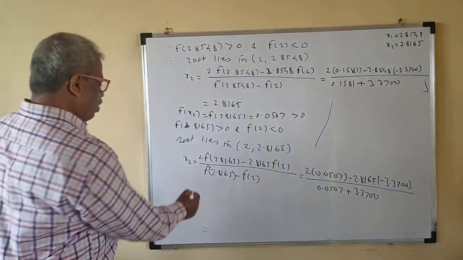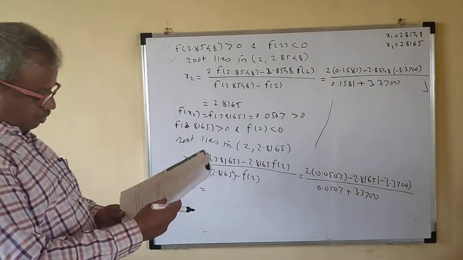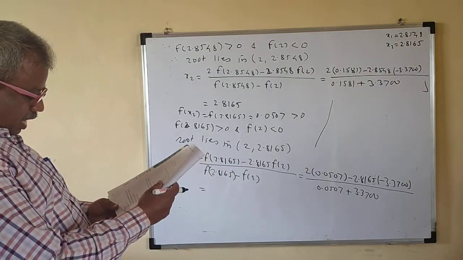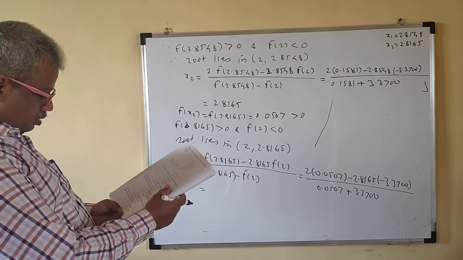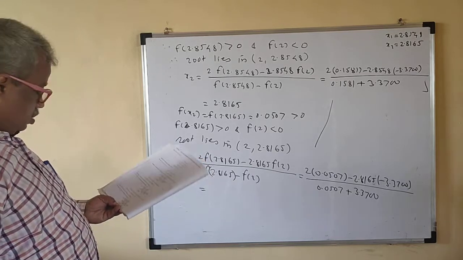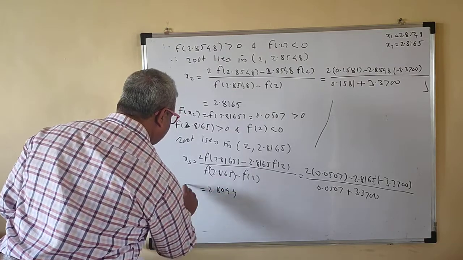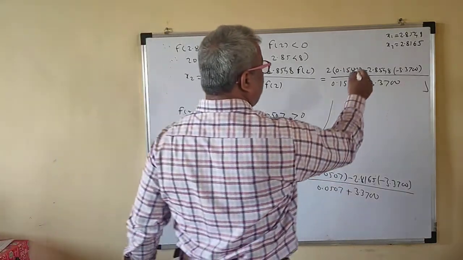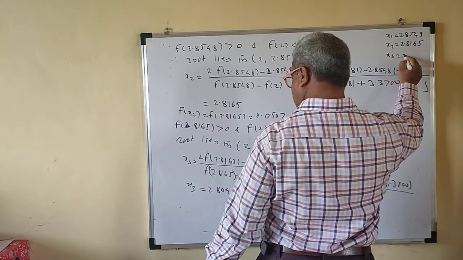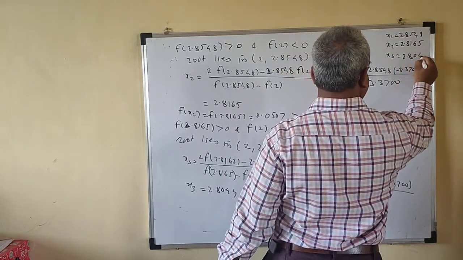So I got this value as x3, 2.8044. x3 is equal to 2.8044.